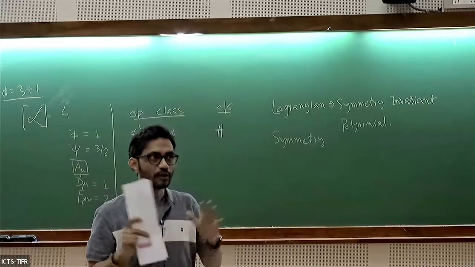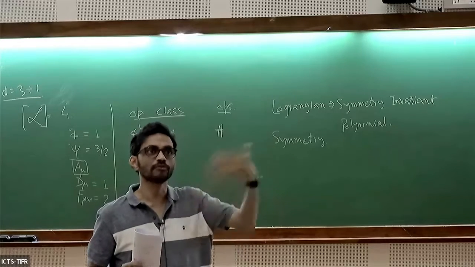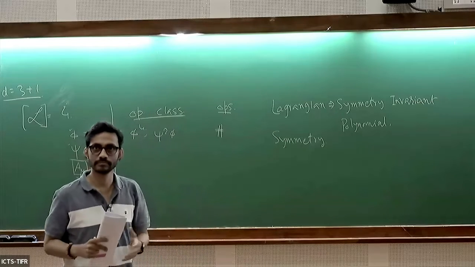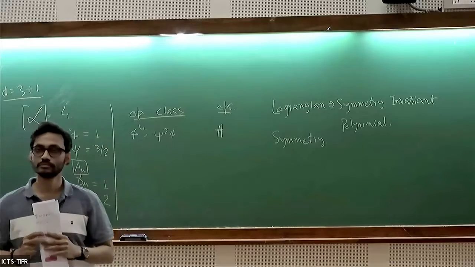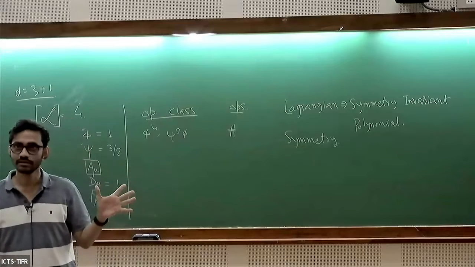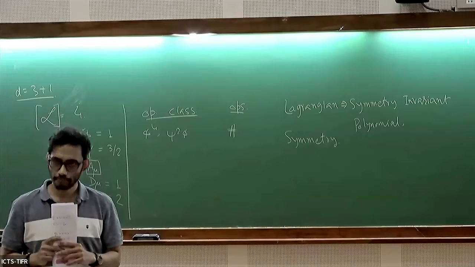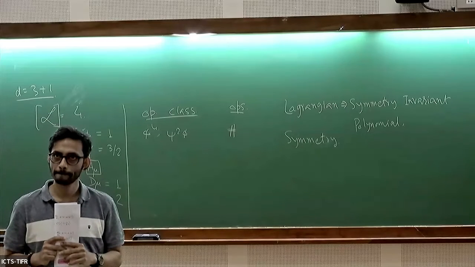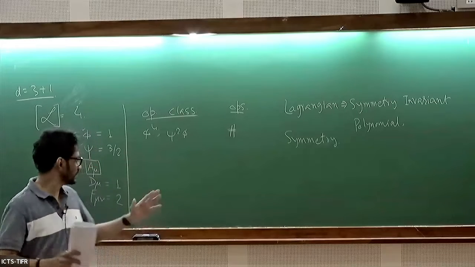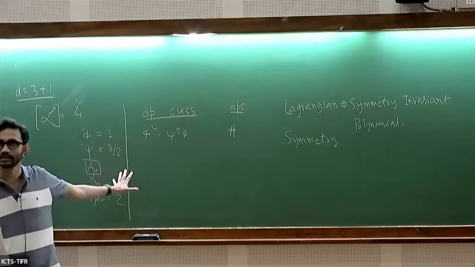Operator class, I would not say basis. I will come to that when I discuss the operators, then I'll talk about the basis. Yes, Lorentz scalar. Basically, you have these ingredients, and for every mass dimension, you can write down some number of Lorentz scalars.